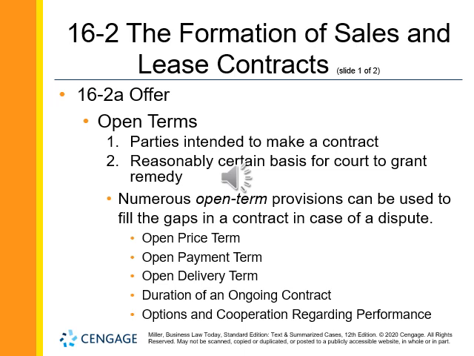So a sales or lease contract is sufficiently definite even if one or more of the terms remains open. And this is totally contrary to the mirror image rule. Provided that, first of all, the parties intended to be bound, and secondly, that there is a reasonably certain basis for a remedy in the event of a breach.